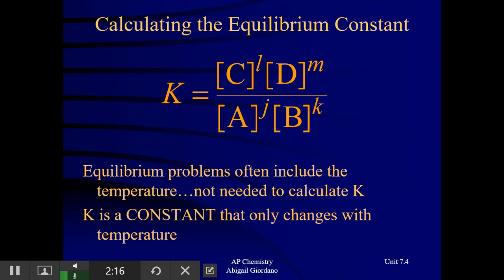The only thing that can change the value for K, for a reaction the way it's written out, its balanced equation, is temperature. We're going to talk more about that in a later subunit, but I just wanted to highlight that temperature is included in a lot of equilibrium problems because there will come a time when temperature does change and we have to figure out how the equilibrium constant is going to be affected.